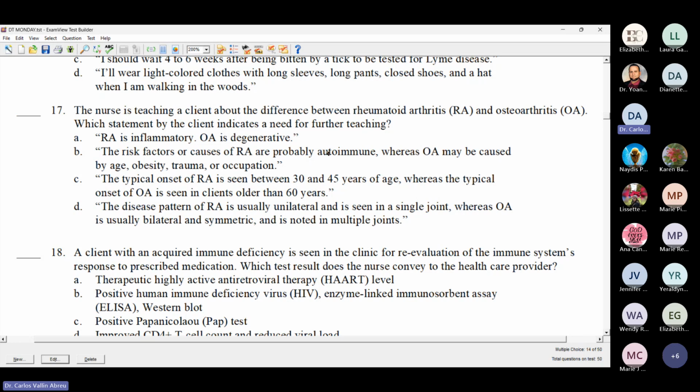Another question, because so many questions come to my mind that have been on NCLEX related to those two diseases that are so frequently tested.